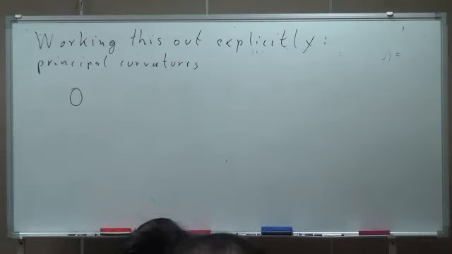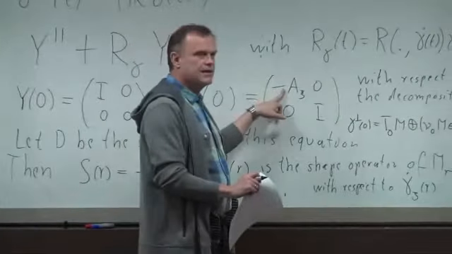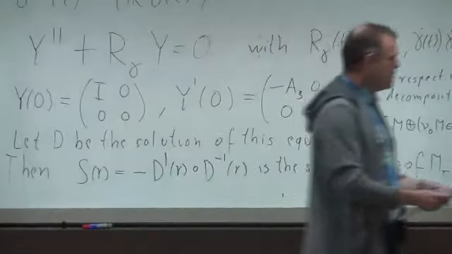Initial value y of 0 is 1, y prime of 0 is 0. And we put this together, what we get is 0 as a solution.